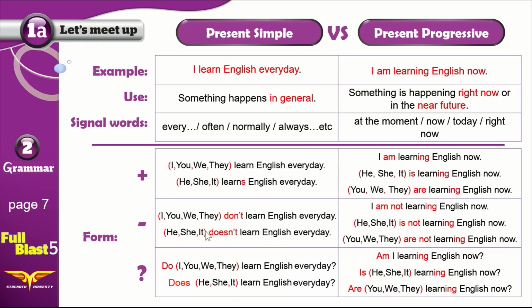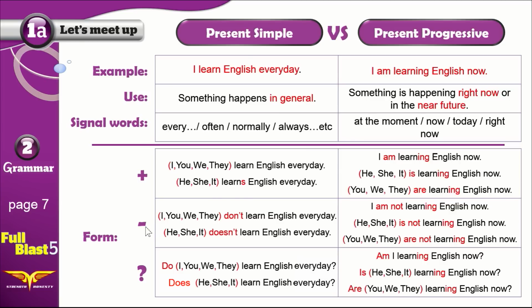Now, I want you to notice something very important that is in the negative form and in the question form. We don't add s to the verb learn if the subject is he, she, or it. Only in the positive. This is very important. If it's positive, we have s added to the verb.